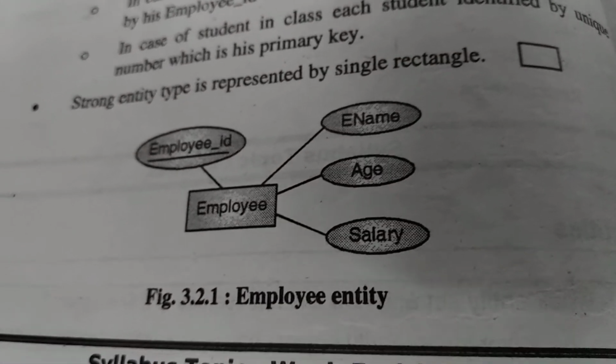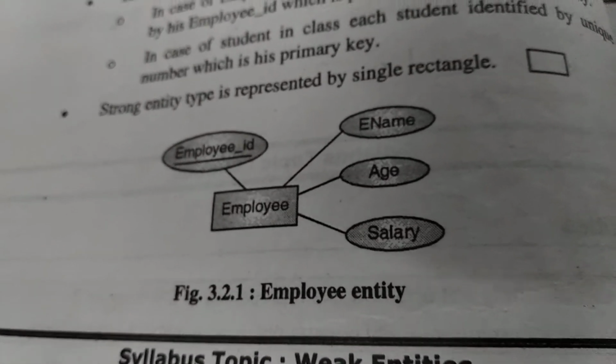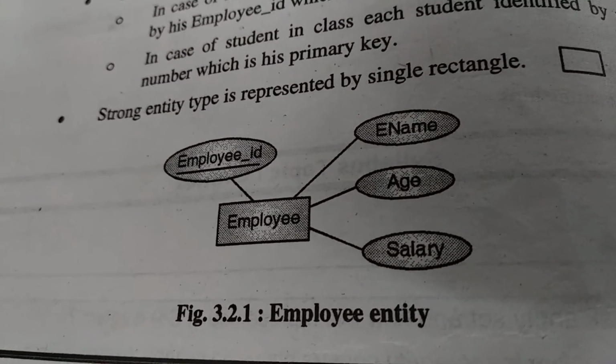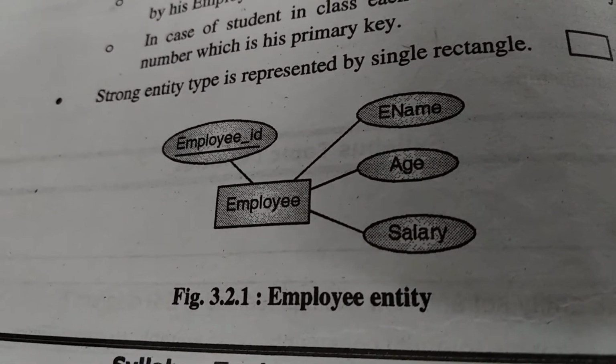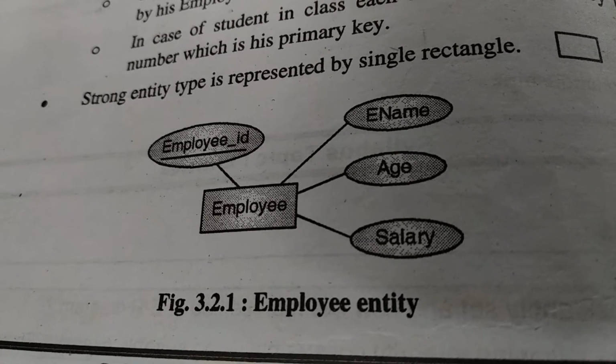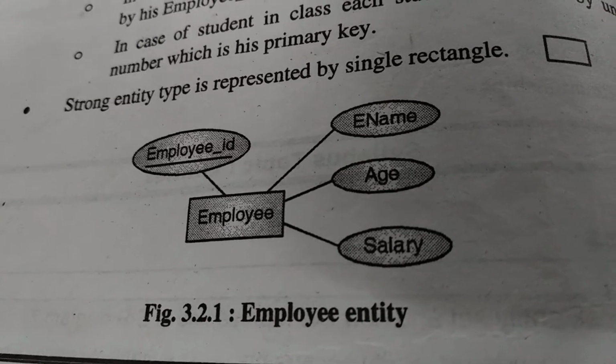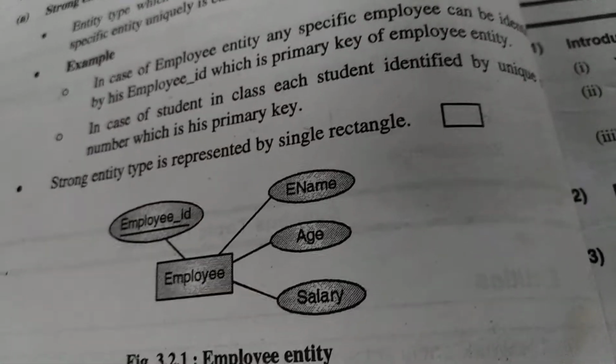It is denoted as employee ID having primary key, and in the diagram it is denoted as underlined employee ID.